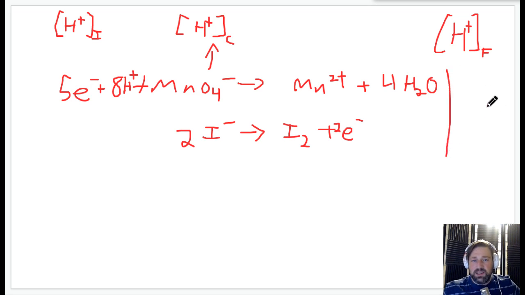Okay, so 5 electrons on this side. Once we have that, we need to make these electrons balanced. To do that, we multiply the top one by 2, bottom one by 5. This way we have 10 electrons on top, 10 electrons on bottom. 10 electrons being produced, 10 electrons being consumed. All right, let's go through and do that.